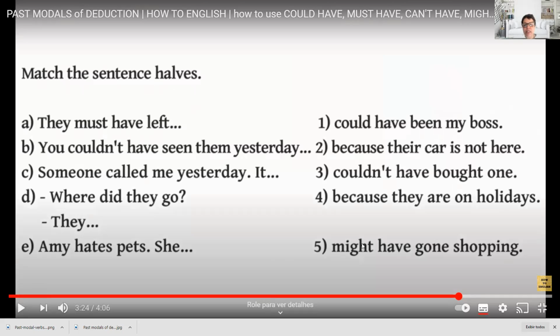Which part here do you think matches this first half? Yes, exactly. So maybe they might have gone shopping.